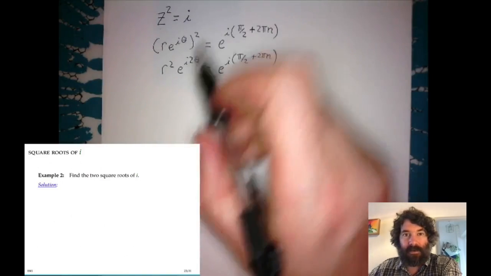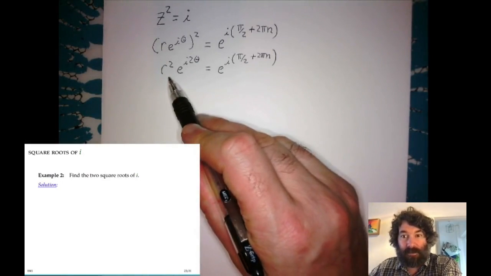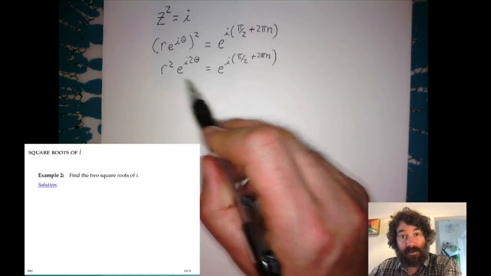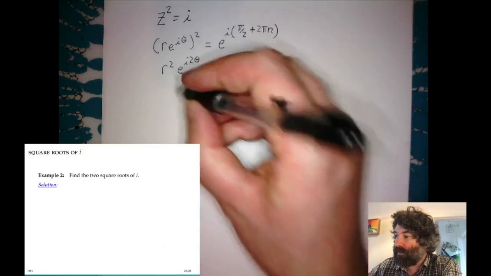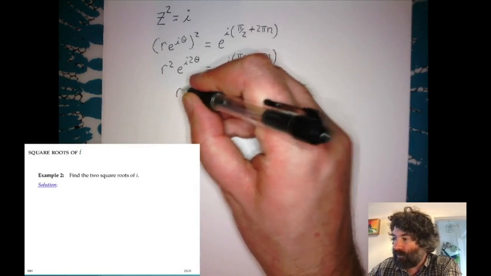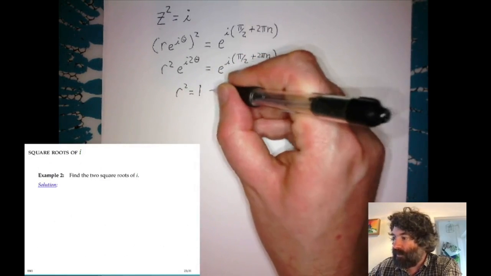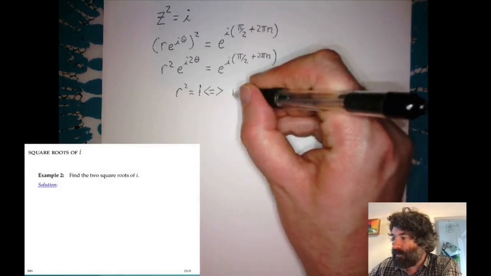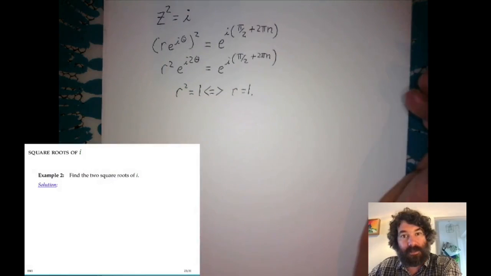All right, so considering the modulus, we have the modulus on the left is r squared, on the right it is 1. So r squared equals 1. r has to be a positive real number, so that means the modulus has to be equal to 1.